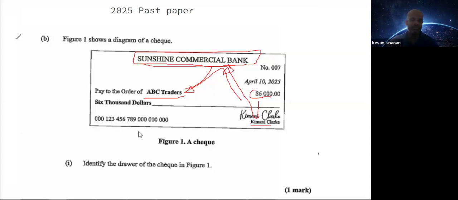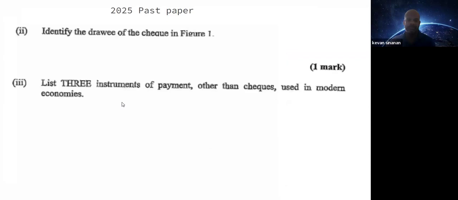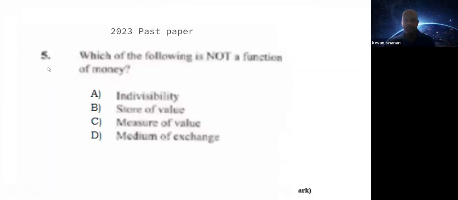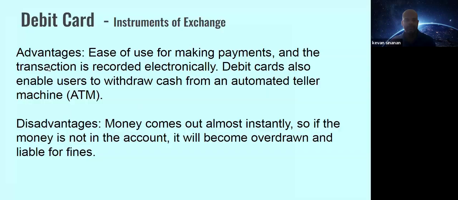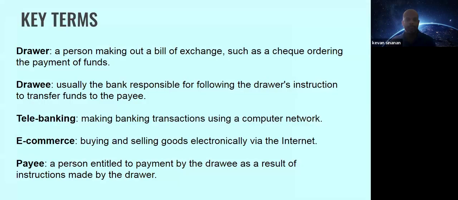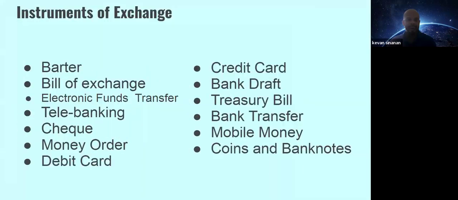And obviously, the third part of the question, they'll ask you to list three instruments of payment other than checks used in modern economies. That's a question for two marks. You see how easy it is to get marks in the final exam.